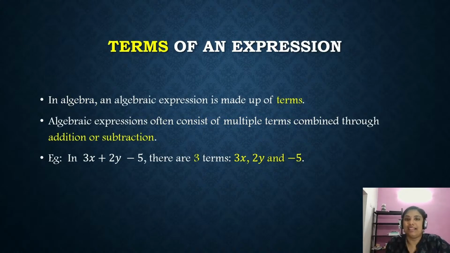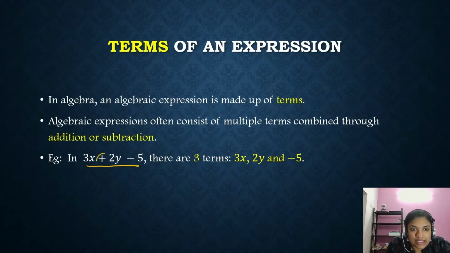Now comes another thing, terms of an expression. Okay, in algebra, this algebraic expression is made up of one or two or multiple terms. Okay, and these terms are combined in an expression through two symbols or two operations, addition and subtraction. See, here there is an example 3x plus 2y minus 5.